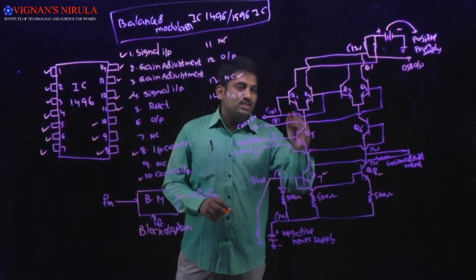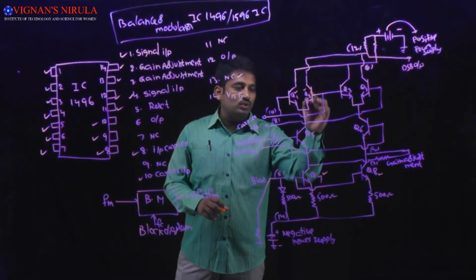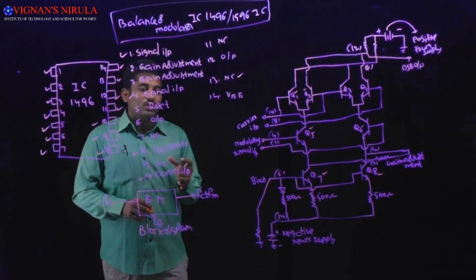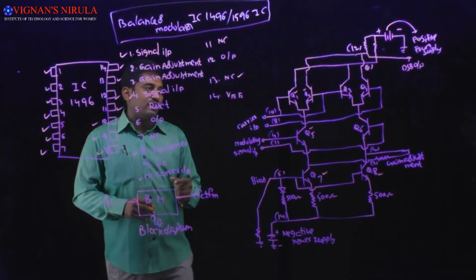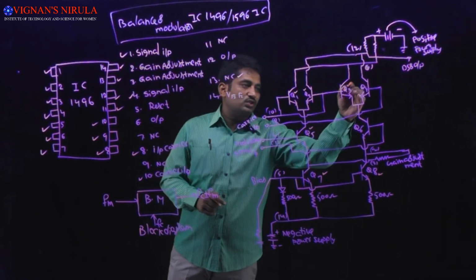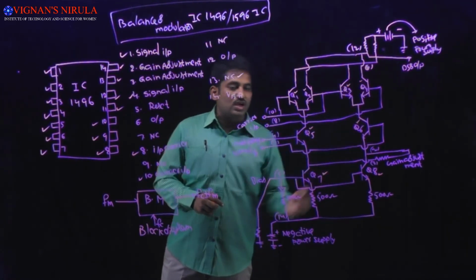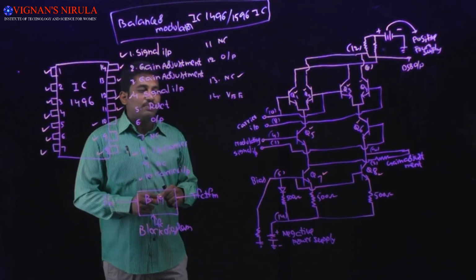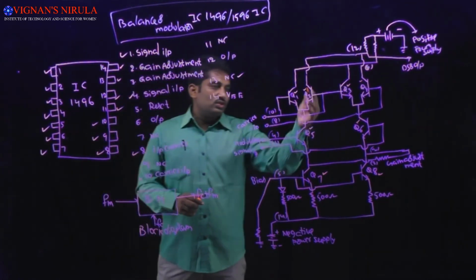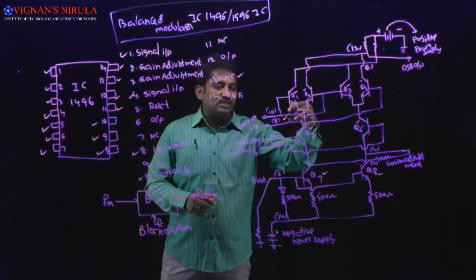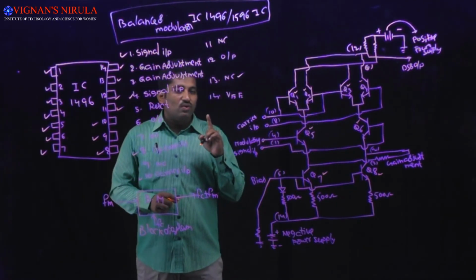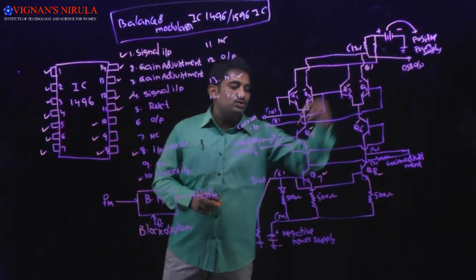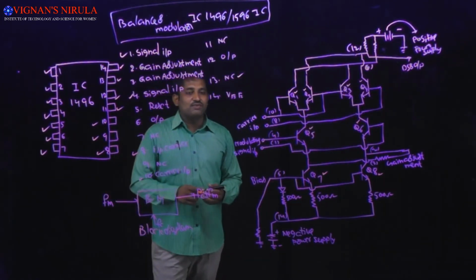And see this, transistors Q1, Q2 and Q5 are used for the generation of a differential amplifier. And transistors Q3, Q4 and Q6 are used for the generation of another differential amplifier. So these three transistors are used for generating one differential amplifier, and these transistors are used for generating another differential amplifier.